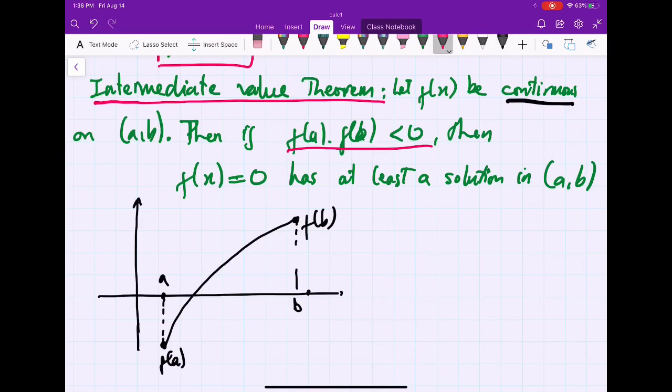Then when you connect, you go from this point to this point. Now you should intersect with the x-axis at some point. And that is the solution of the equation f of x equal to 0. It is the intermediate value theorem. This theorem tells you about the existence of the solution, right? So let's emphasize this.